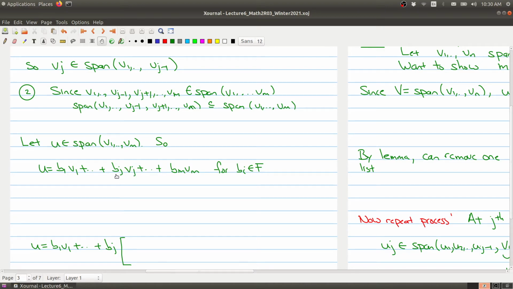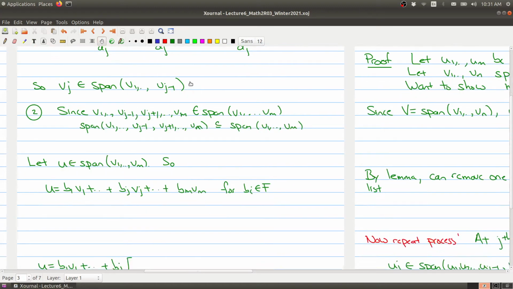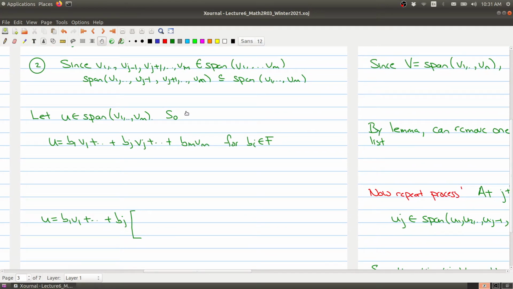If bj was 0, then we would be done. But the problem is bj might not be 0, so somehow we have to get rid of this term. Let me call this star for a second. Star tells me how to write vj in terms of v1 up to vj minus 1. So I can make this substitution.